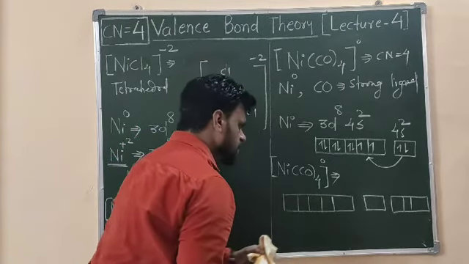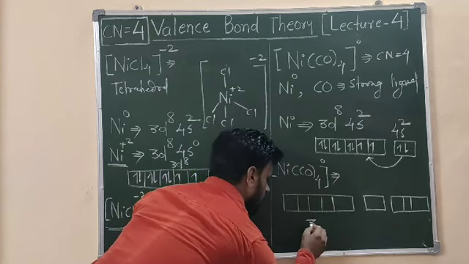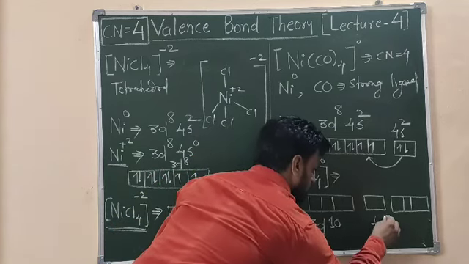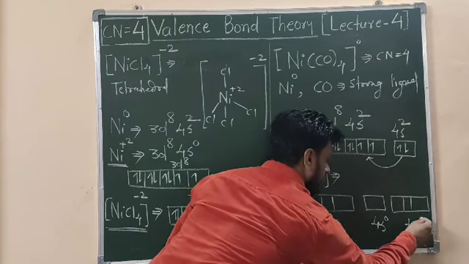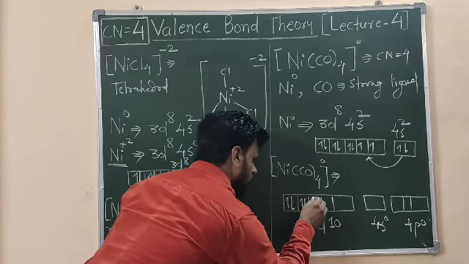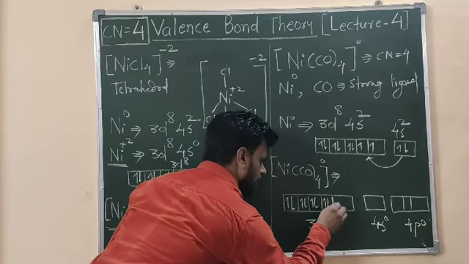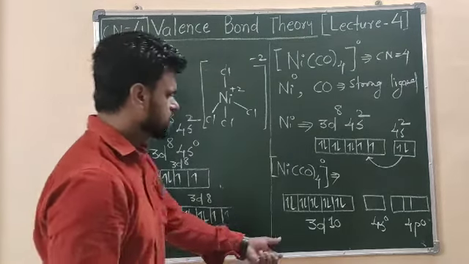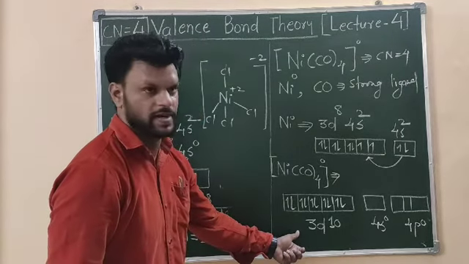Now this becomes 3d10, and this is 4s0 and this is 4p0, and hence all the electrons undergo pairing in the d orbital, and this is how things happen.